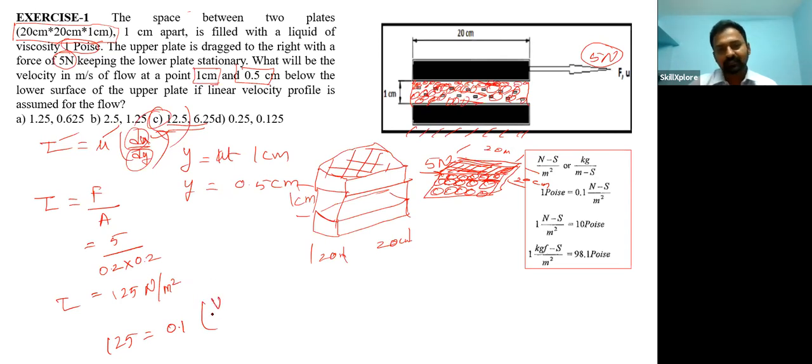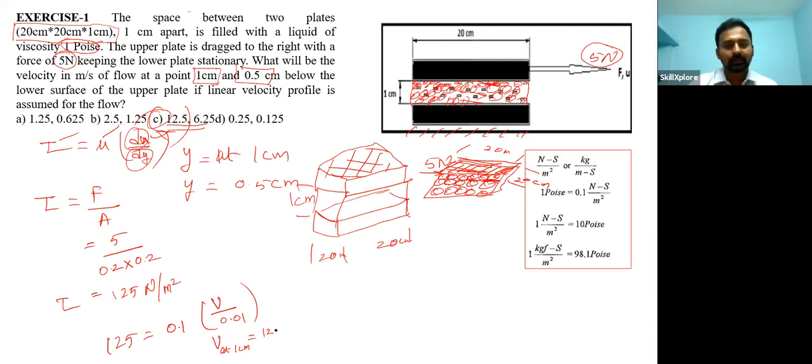We can take it as velocity, and if you apply y as 1 centimeter, which is 0.01, we'll get some velocity. The velocity at 1 centimeter, how much is that? 12.5.